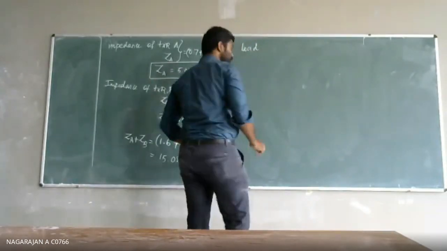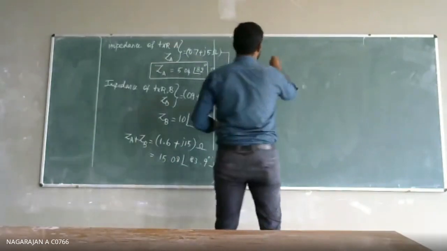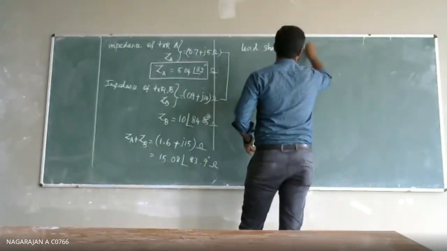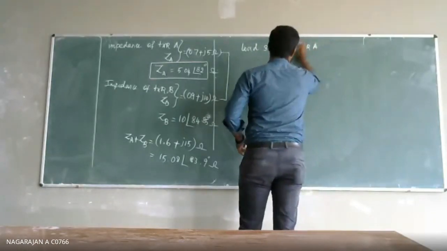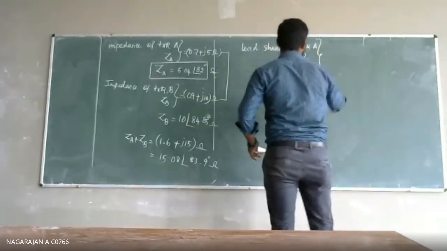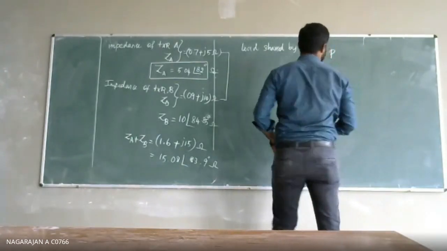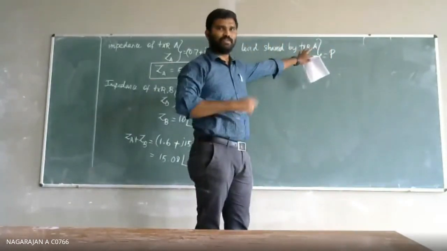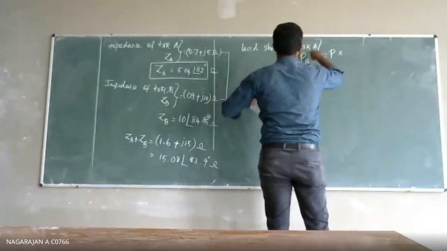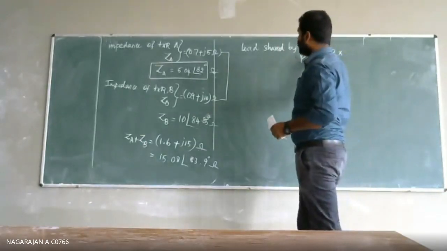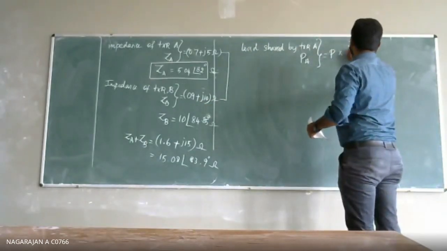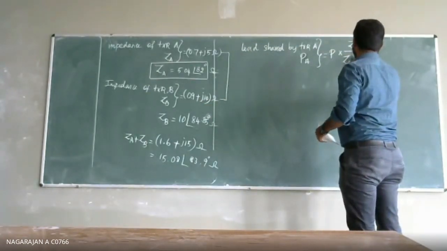While talking about the load sharing of two transformers, I derived an equation for the load shared by an individual transformer. The load shared by transformer A, PA, is the total power delivered to the load times the impedance of the opposite transformer, ZB, divided by ZA plus ZB.